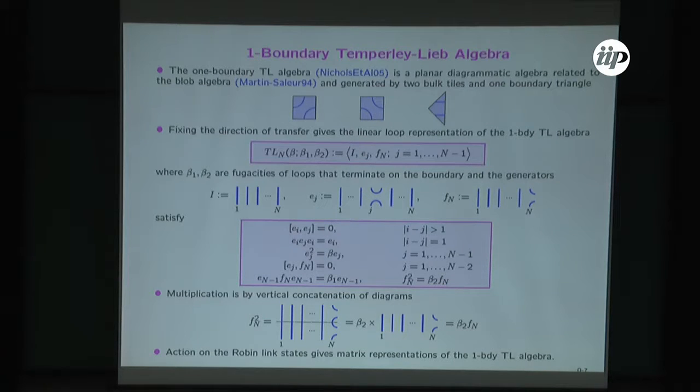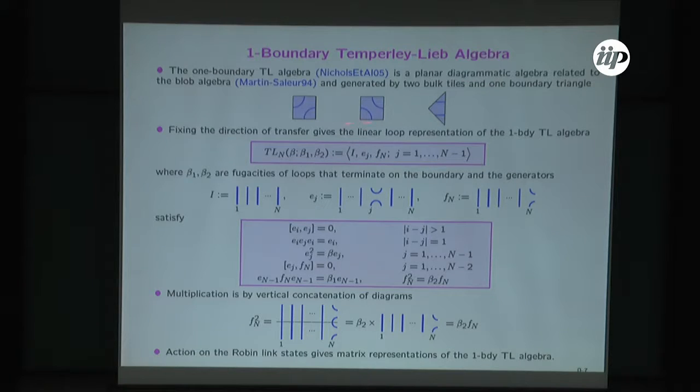So to act on these linked states, we need to introduce the one boundary Temperley-Lieb algebra. Again, this has quite a long history, going back to Nichols et al. in 2005, Martin Saleur much before that, '94.